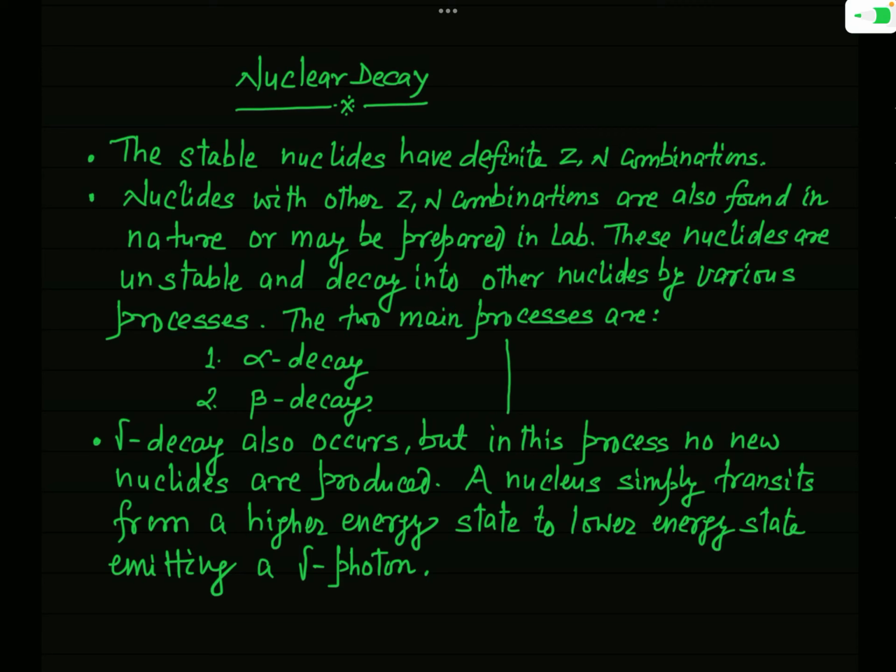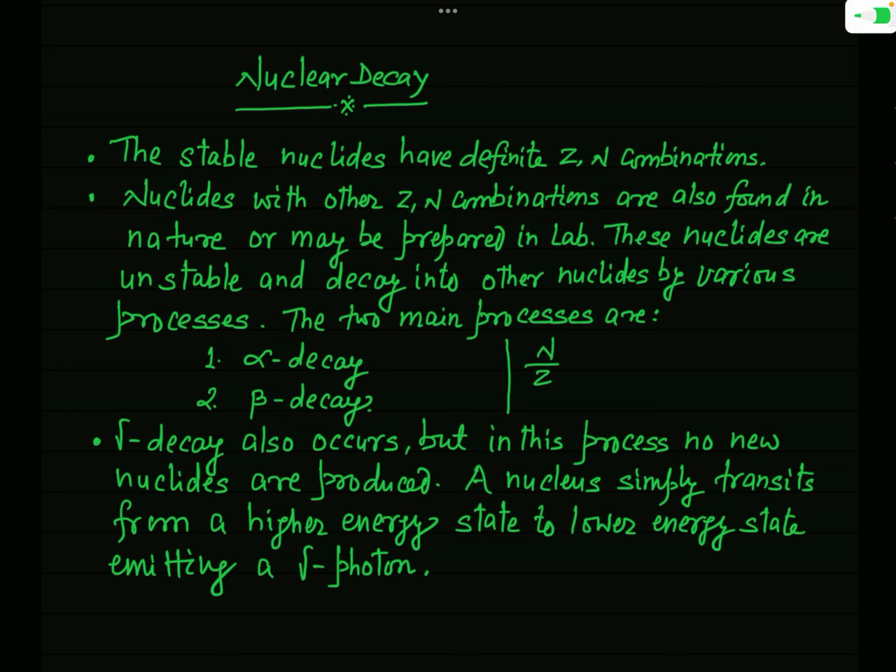Whether a nucleus is stable or unstable depends on the ratio of the number of neutrons and the number of protons. Here N represents the number of neutrons present in a nucleus and Z represents the number of protons in the nucleus.